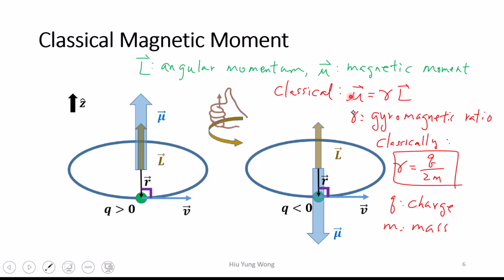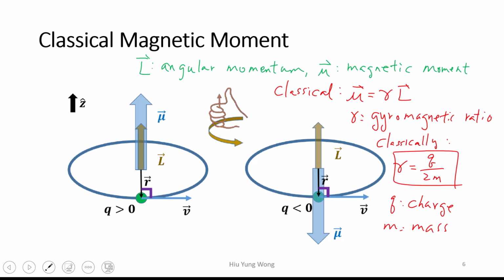Now, you see that this is also a vector. When it is rotating, how do we determine the direction of angular momentum? We use the right-hand rule, your thumb, right? Thumbs up, then your other fingers represent the rotation direction, and the thumb represents the direction of the angular momentum.